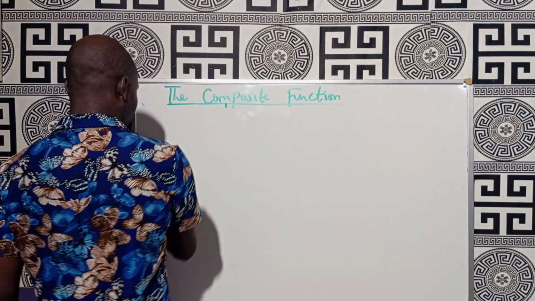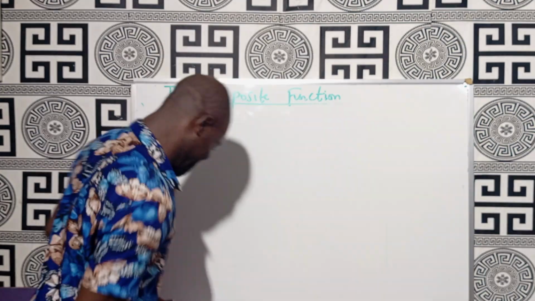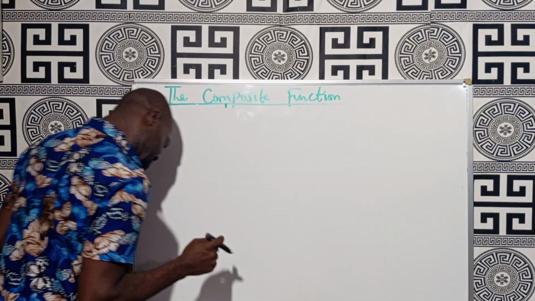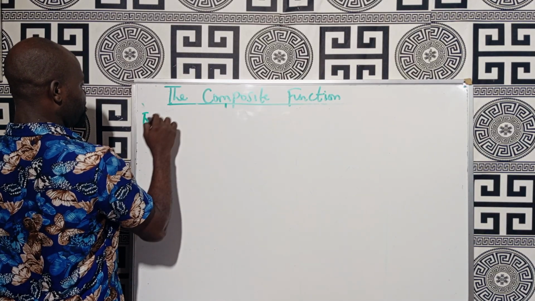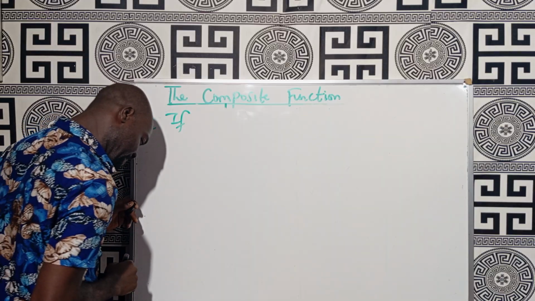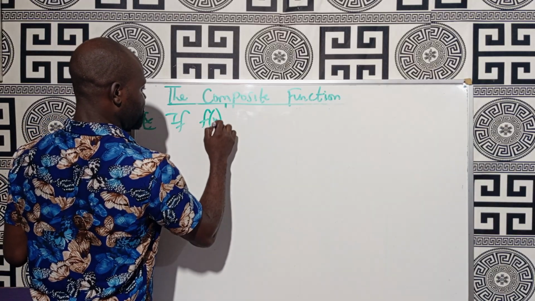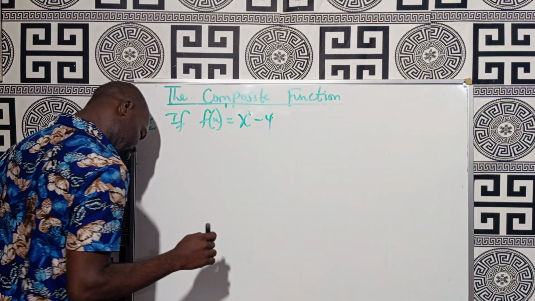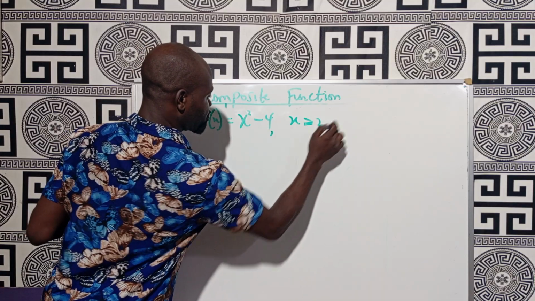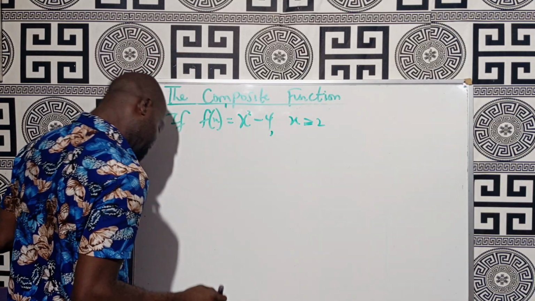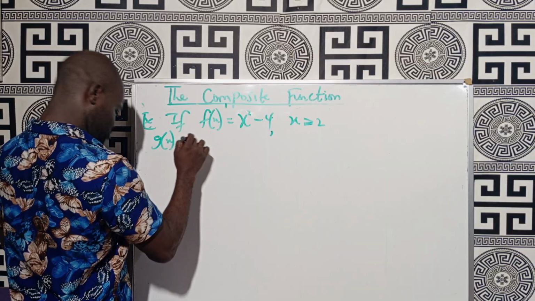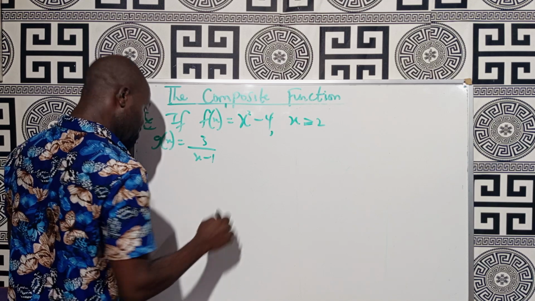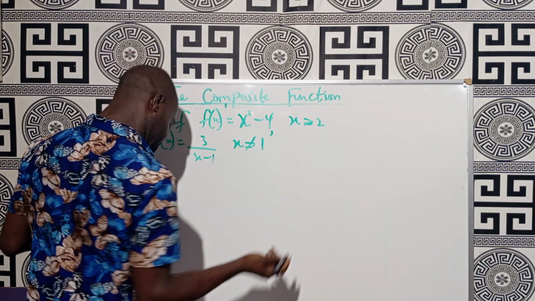Okay, let's have one last thing before we go, and this is it. The one that deals with quadratic: if f of x is equal to x squared minus 4, where x is greater than or equal to 2, that's my domain, and g of x is equal to 3 all over x minus 1, where x is not equal to 1, of course.